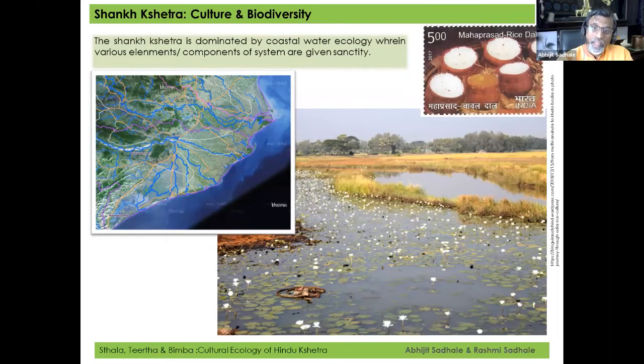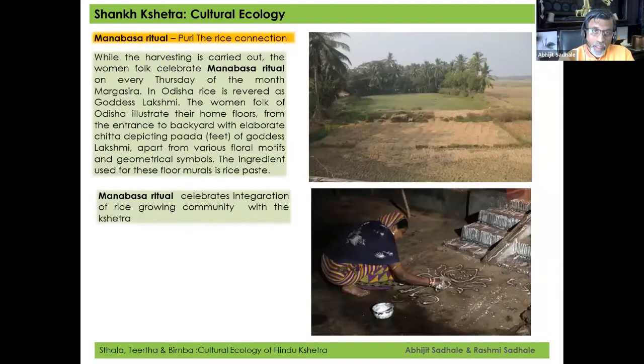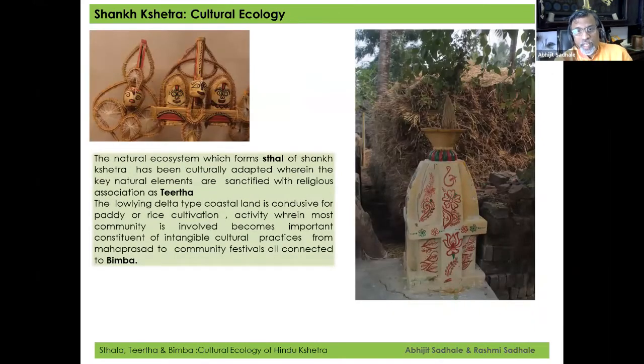The entire agrarian economy sustains a variety and diversity of traditional rice varieties, one of the largest in India, I think, in this region. The Manabhasa ritual is a cultural festival that links the ecology, the agrarian economy, and the Shankar Kshetra. In essence, it celebrates the integration of a rice growing community with the Kshetra and with the ecology also.